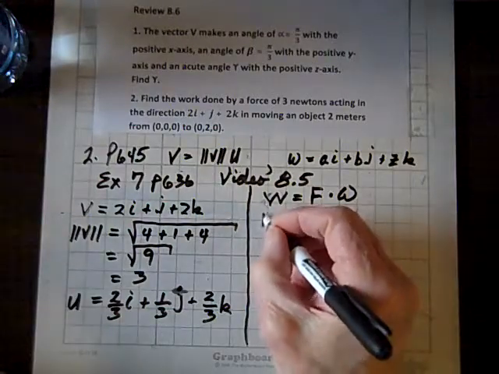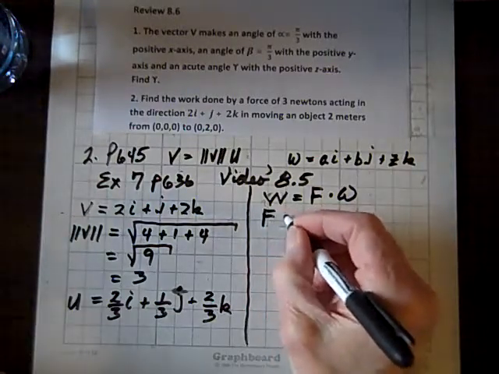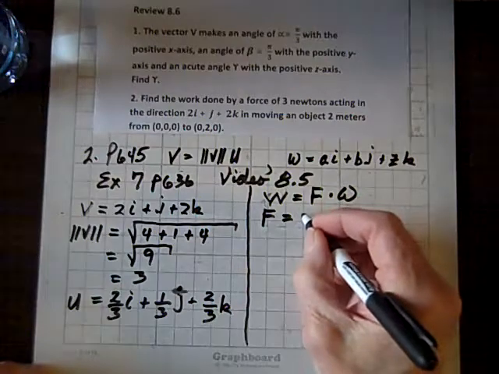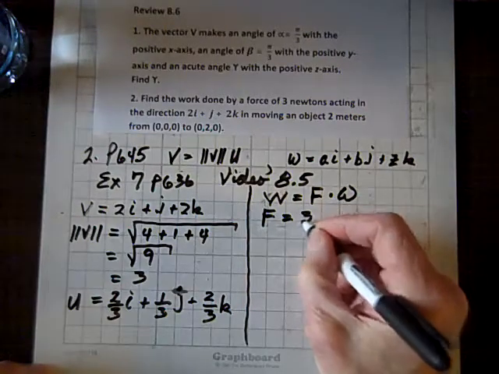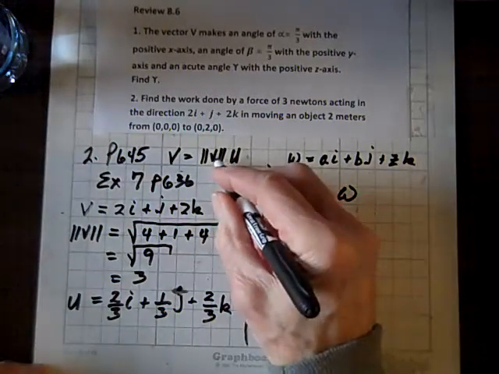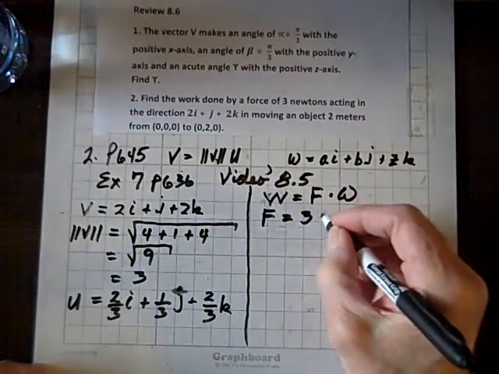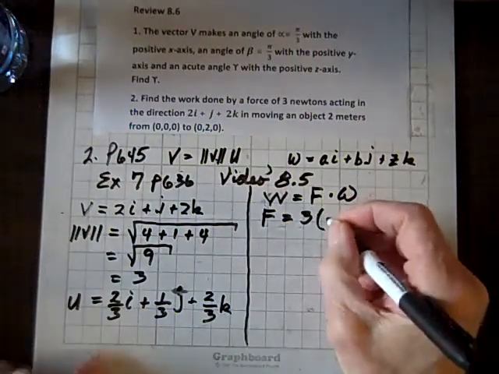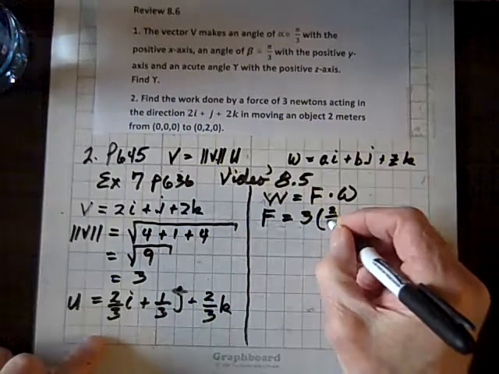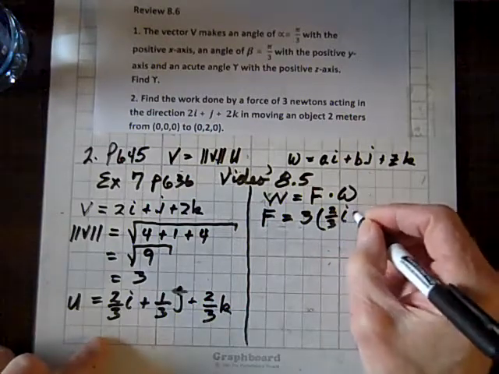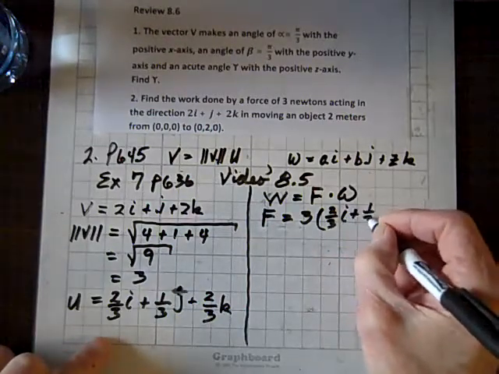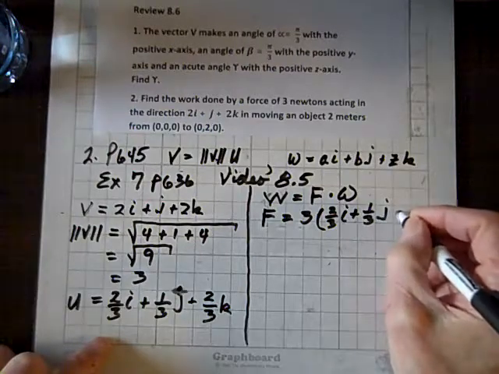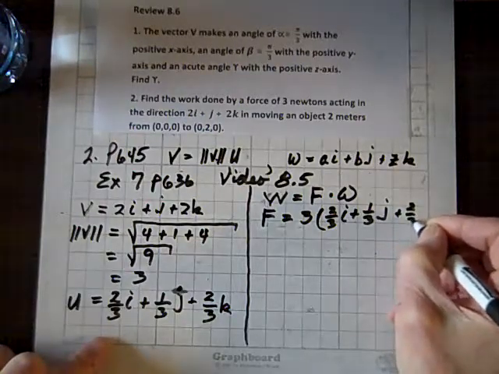Where force equals 3, the magnitude of the force, times the unit vector, and the unit vector is 2 over 3 i plus 1/3 j plus 2/3 k.